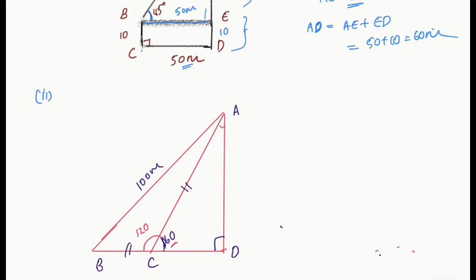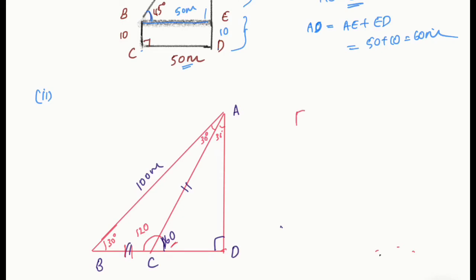This is 90, this gives you 30. That's not required. If this is 120, this is an isosceles triangle, two sides are equal. So if this is 120, this should be 30 degree and 30 degree.